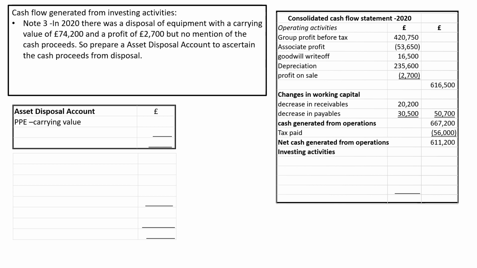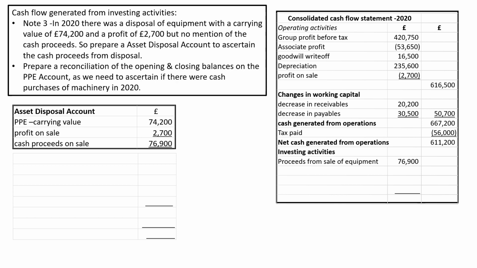So here we go. PPE carrying value that was disposed of was $74,200. We made a profit of $2,700 on the sale. And if we add this together, we should get the cash proceeds on sale, which is $76,900. Now we can insert this in our cash flow statement under investing activities.